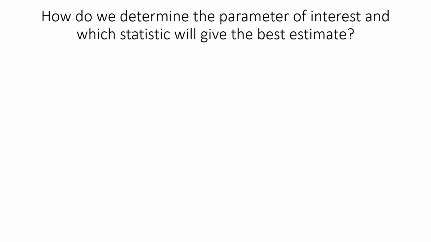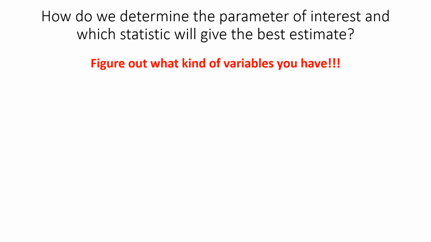So how do we determine the parameter of interest and which statistic will give the best estimate? Well, the way that we figure that out is by figuring out what kind of variables we're working with. That will guide the kind of parameter we're making inferences about and which statistics we should be using from the sample as our best estimate.